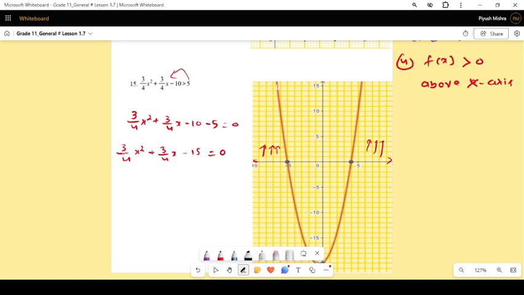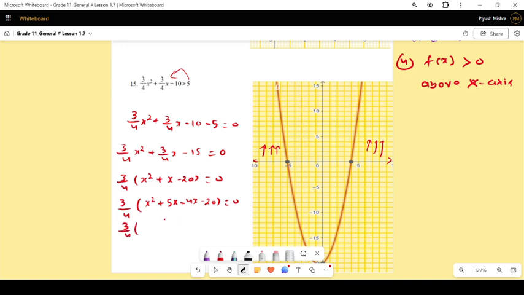You can take 3 by 4 common, so x square plus x minus 20 is equal to 0. Factorizing this one, I can write x square plus 5x minus 4x minus 20 is equal to 0.